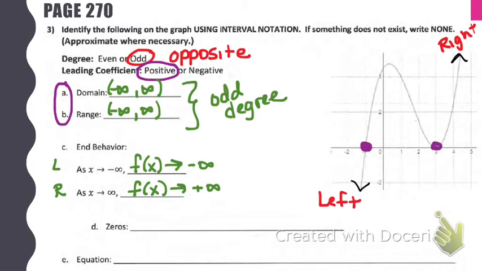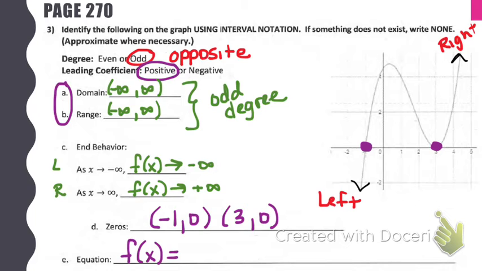One is at negative 1 and one is at positive 3. And for my equation, f of x equals, I have an x plus 1 and an x minus 3.